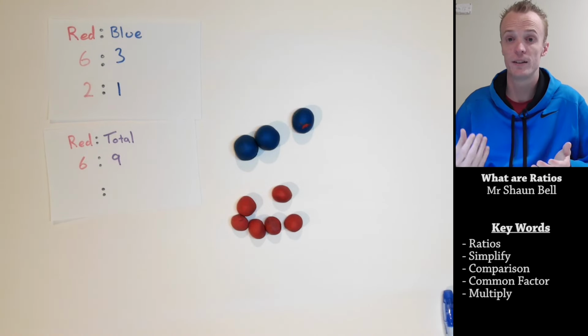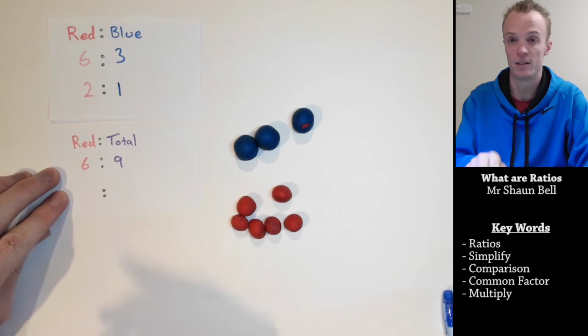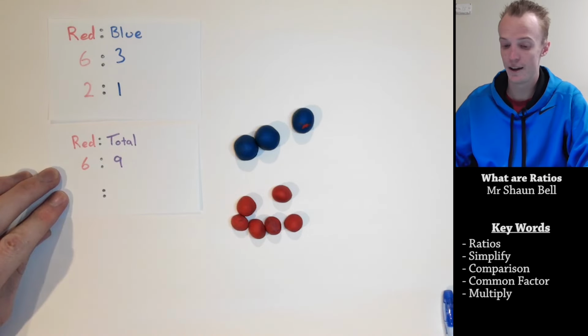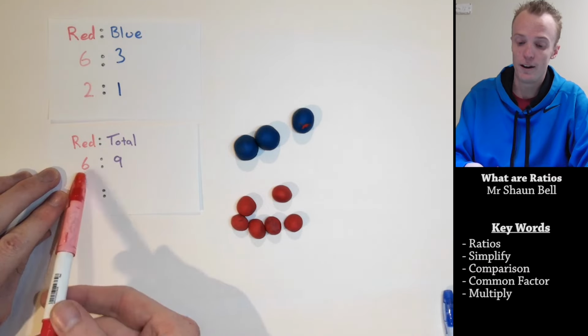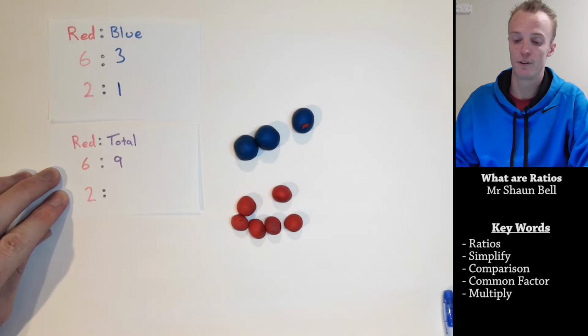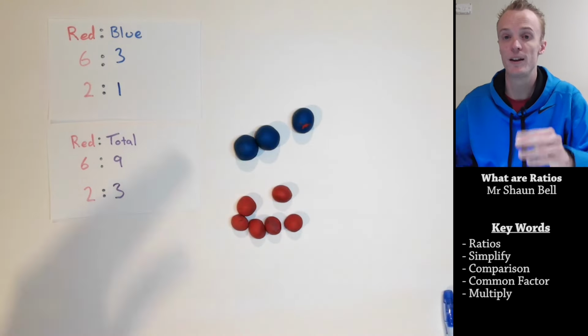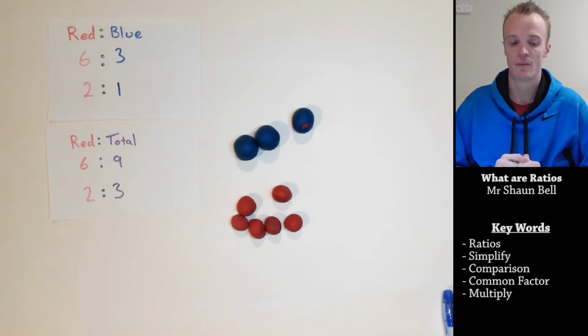But like before, we can simplify this down. We look for the highest value that divides into both 6 and 9. In this case, it's 3 again. So 3 divides into 6 twice, so for every 2 red balls we've got, 3 divides into 9 3 times, we've got 3 total balls.